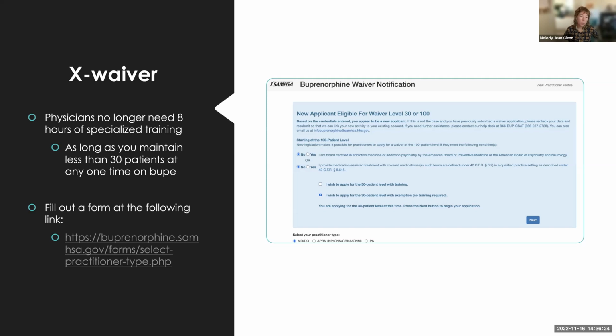Now you can just Google SAMHSA buprenorphine waiver, apply, and you go to their website, the apply for a buprenorphine X waiver is bolded, click on it. You'll get to one of these screens. And there's a few questions that sometimes confuse people when applying for this form.